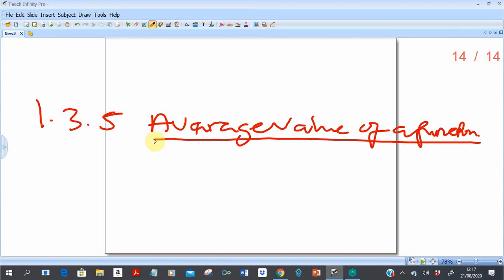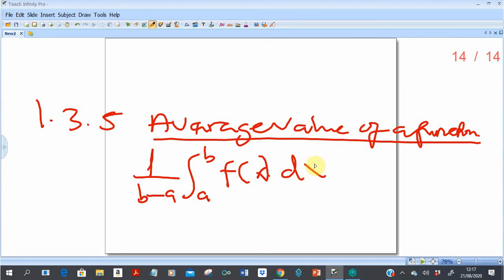So the average value of a function on an interval a, b is just given by 1 over b minus a, integral from a to b of f of x dx.